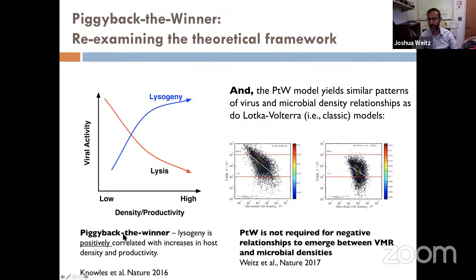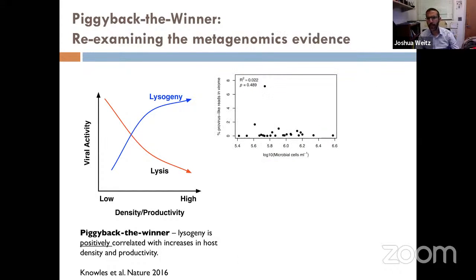winner mechanism. However, they then looked directly at metagenomic evidence and tried to see in the viral fraction, so those are virus particles outside cells, what fraction of them had things indicative of provirus-like reads, in other words, indicating that there may be the possibility of being temperate, and claim that this went up, which is what their hypothesis is.